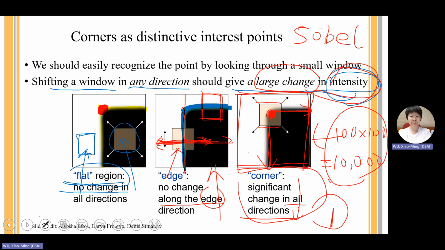You can imagine we do corner detection by sliding a window across the image, computing something, looking at the content within this window, and coming up with a metric which measures the cornerness score for each pixel.